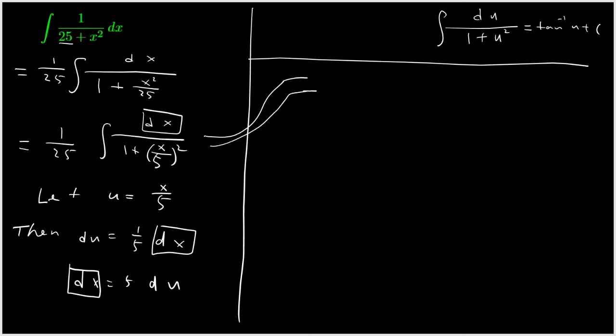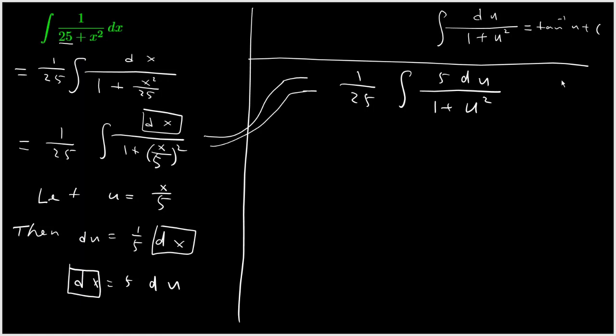The given integral is equal to, you still have 1 over 25, and then dx now will become 5 times du. Do you see that? Dx in the box is 5 times du. And also on the denominator you have 1 plus u squared.